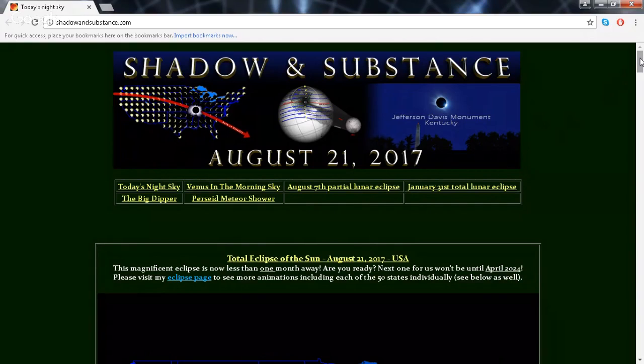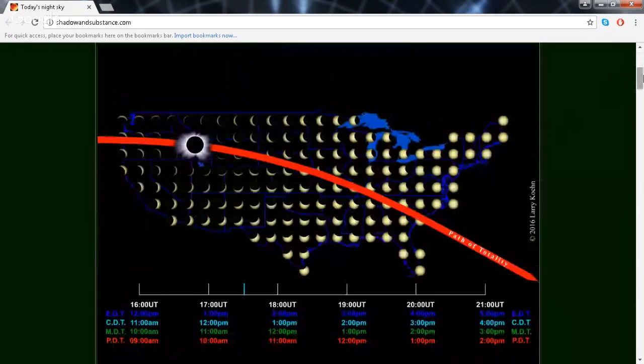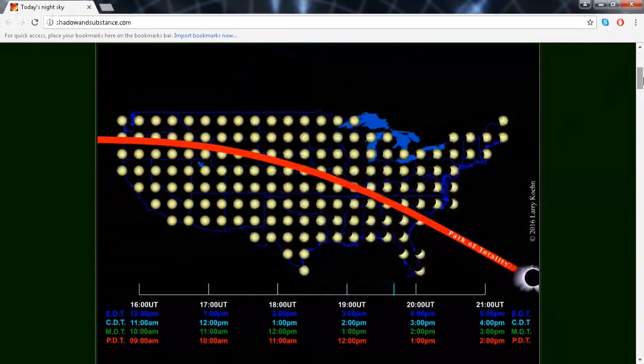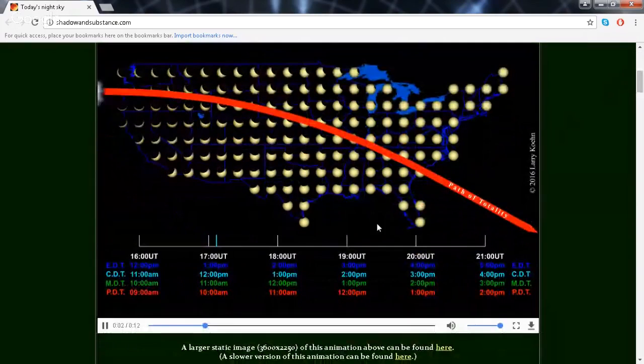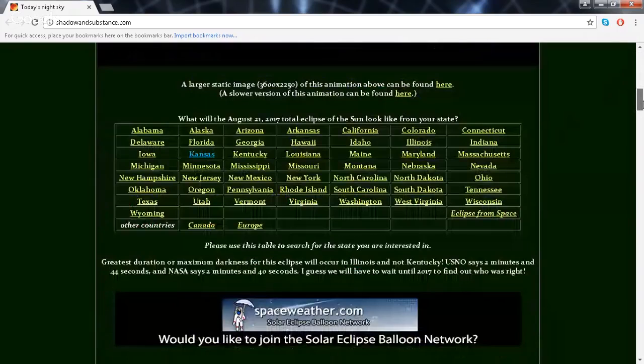As we can see, he has produced these animations of the eclipse timings as the shadow of the moon passes across the United States on August 21st, and we can see some timings down there. As we scroll down, there's a list where you can click on the different states and locations, and check the timings and the percentage of the eclipse from each one of these locations.